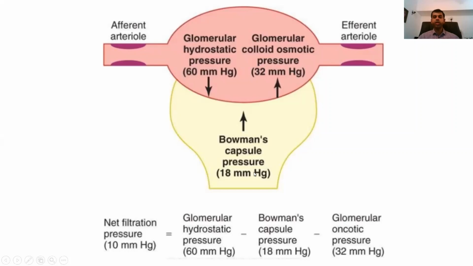And from the Bowman's capsular side, there is a hydrostatic pressure pushing against fluid coming out. So at the end of the day, there is roughly a net filtration pressure of around 10 millimeters of mercury that actually governs the filtrate.